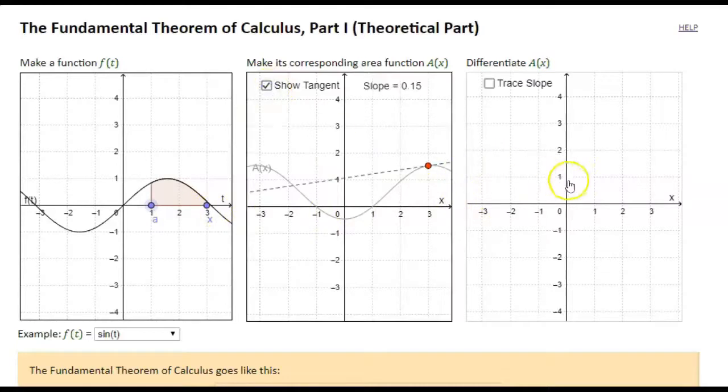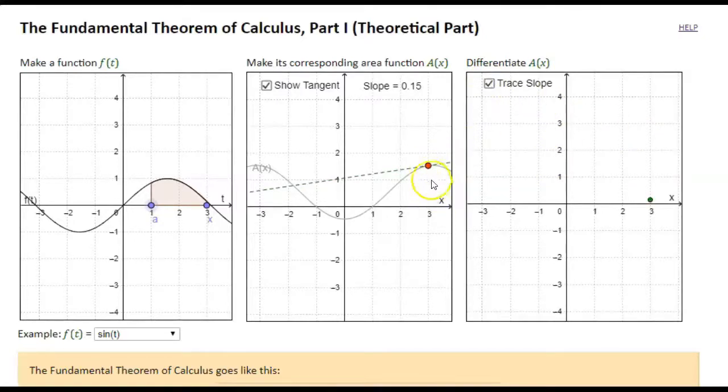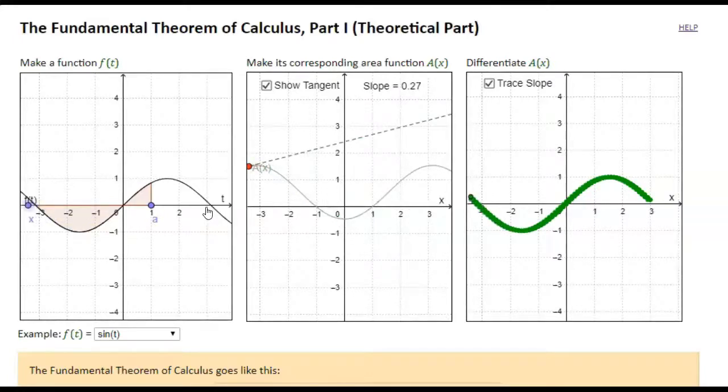Okay, now over here on the right, I'm going to plot the slopes. Okay, so you notice that slope right there is 0.15. So at 3, the y coordinate is 0.15. Now if you just click on X and use the right and the left arrow keys on your computer, you'll see that when we plot the derivative of the area function, we get the original function again.